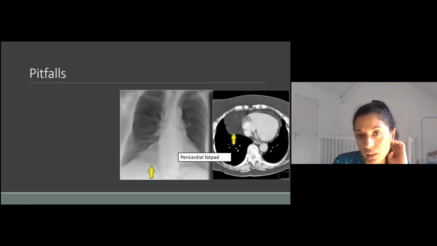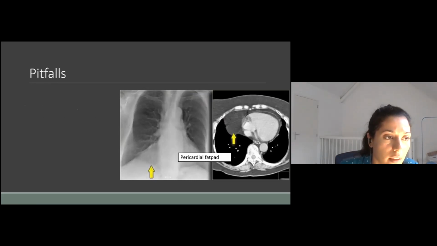So an important pitfall in looking at the heart and the pericardial structures is pericardial fat tissue. As you can see on this chest X-ray, it seems that there is an opacity near the right border of the heart in the cardiophrenic corner angle, also called.